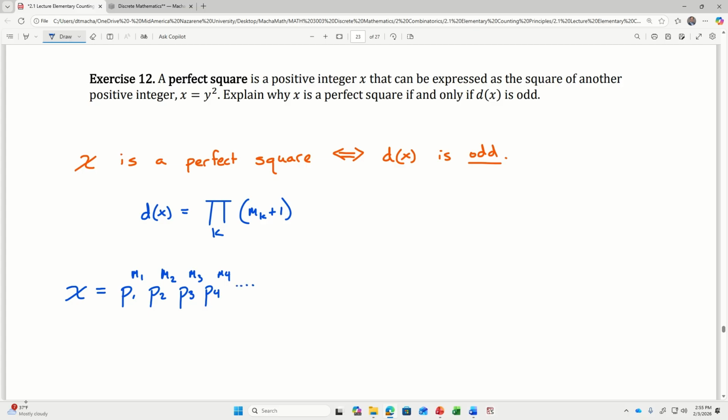I'll give you a little hint. If x is a perfect square, it has to be equal to some other positive integer squared, right? And so y would have a prime factorization of some primes. I'll give you a few minutes to think about this. Who can explain that to me?